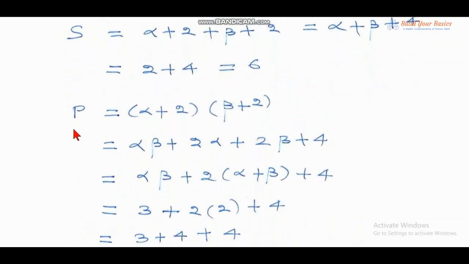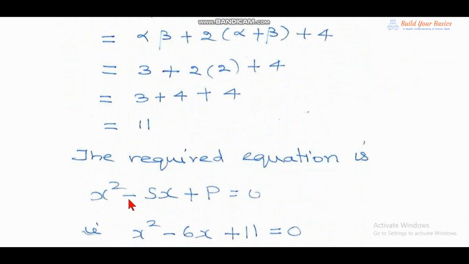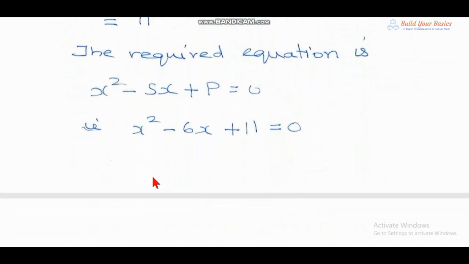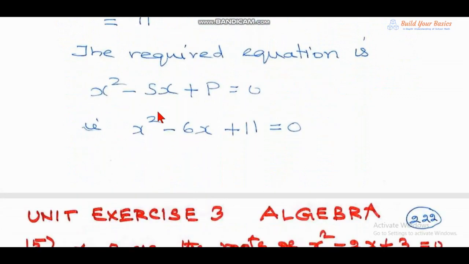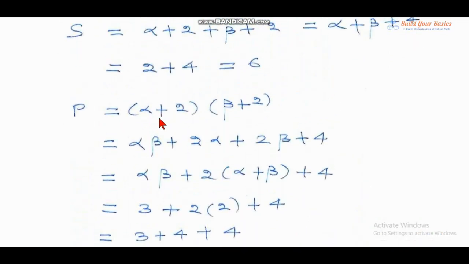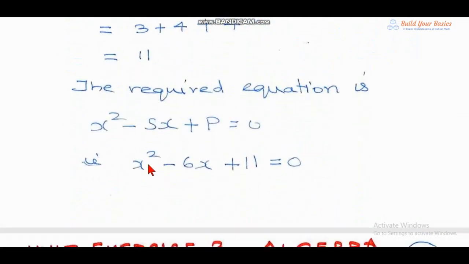We have S and P. The required equation is x squared minus Sx plus P equal to 0. The value of S is 6, so x squared minus 6x plus 11 equal to 0. That is the required equation.